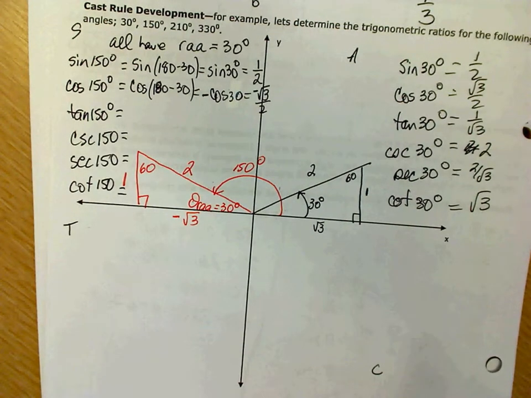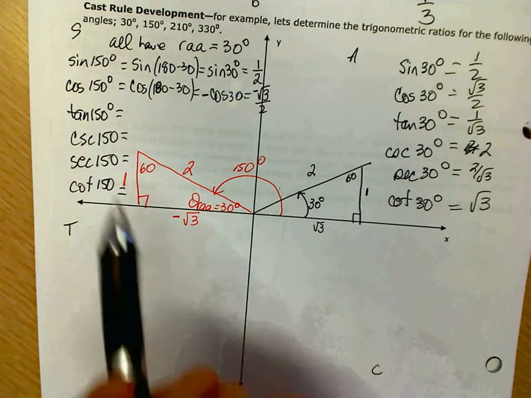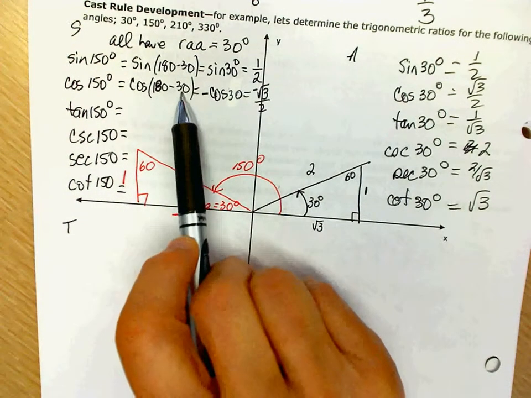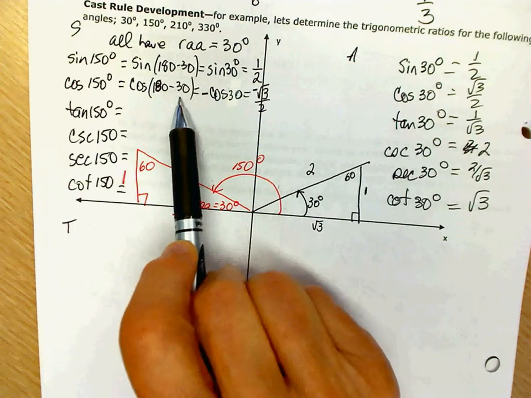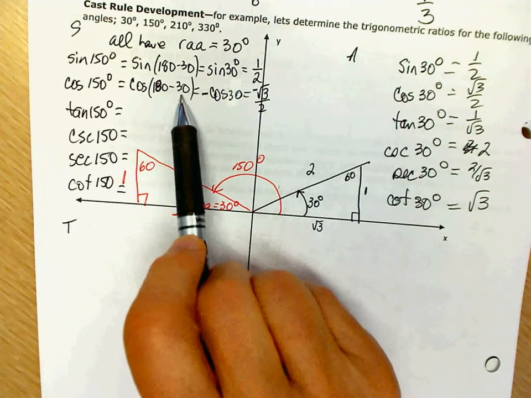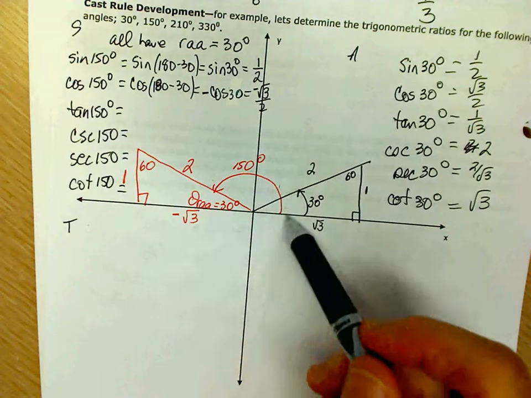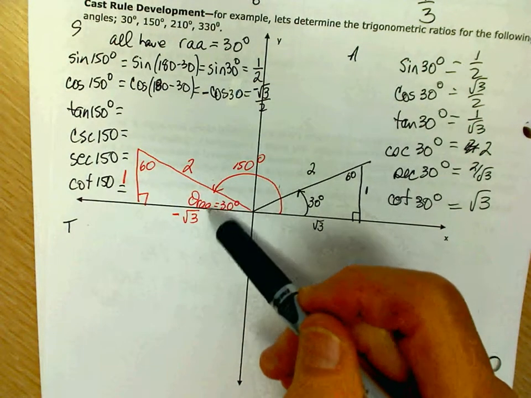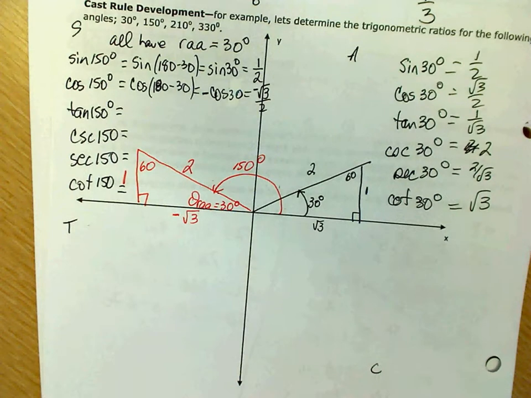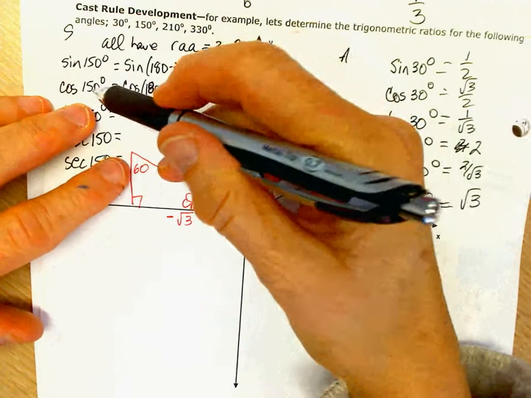Usually you want to have the related acute angle in there. If you go 180 minus 150, you're just trying to show the related acute angle. On a test, if you can jump from here to here, I'm happy.